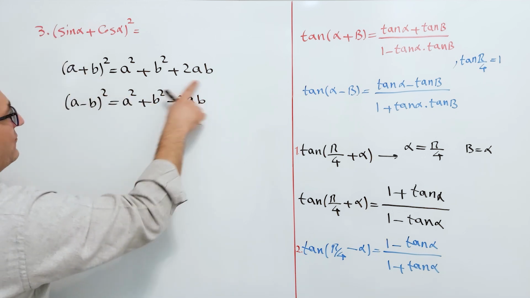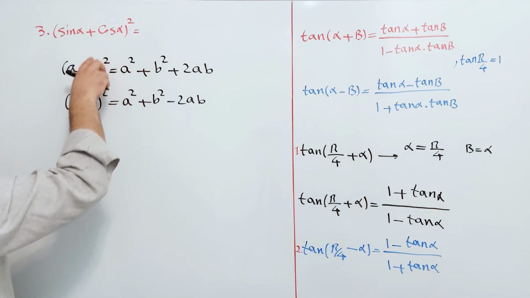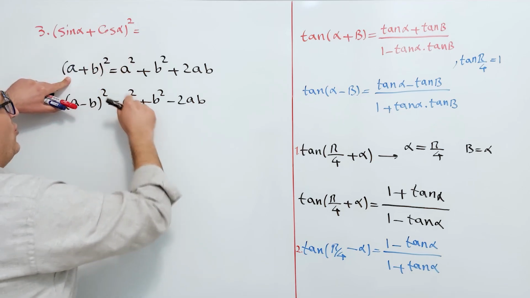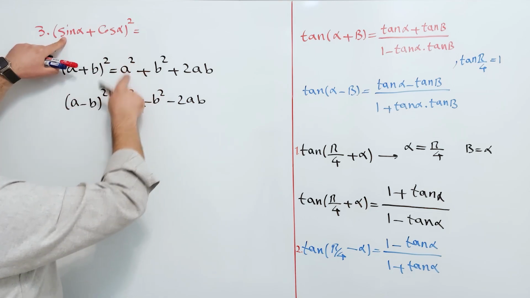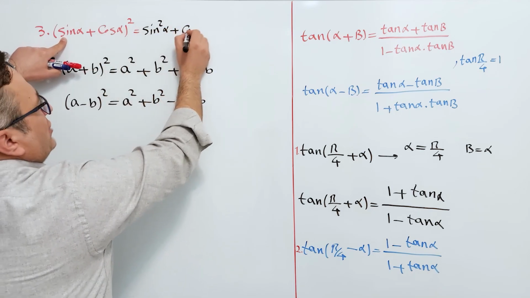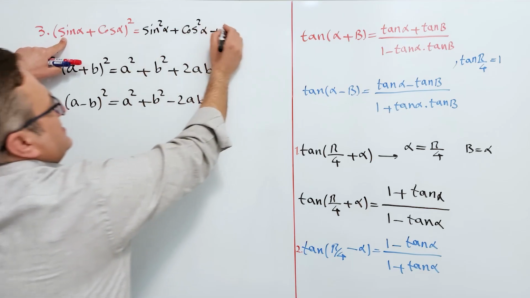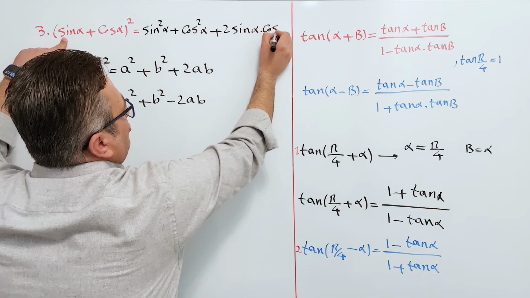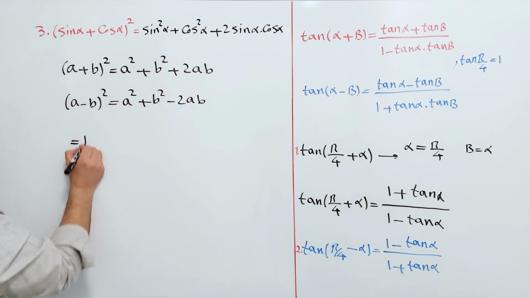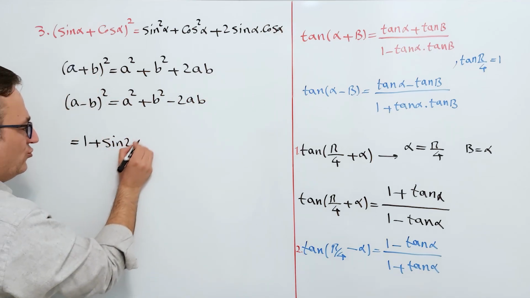So according to this formula, if we consider sine as A and cosine as B, we have sine squared alpha plus cosine squared alpha plus 2 sine alpha times cosine alpha, which is equal to 1 plus 2 sine alpha times cosine alpha, which is sine 2 alpha.